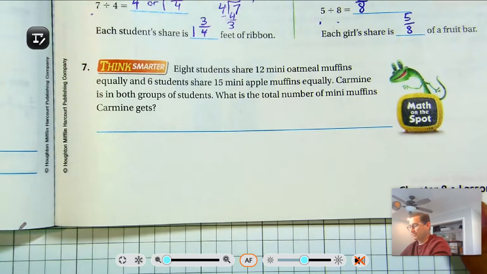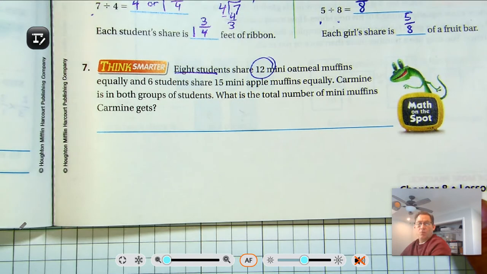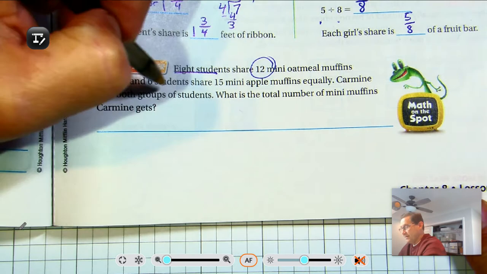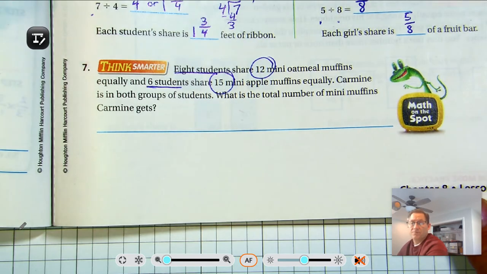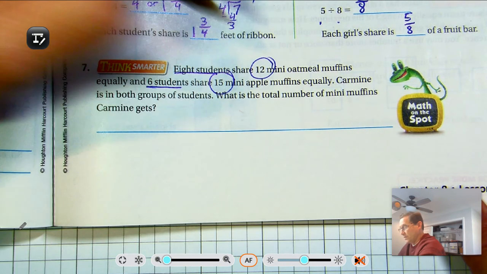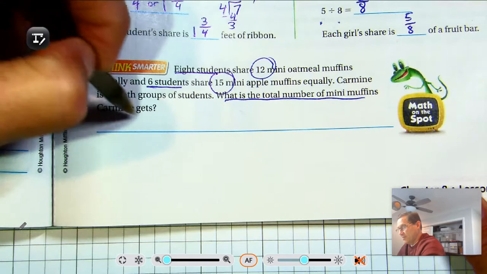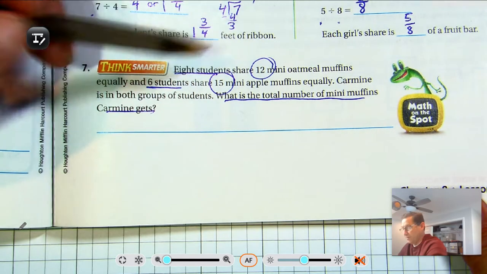Number 7, 8 students share 12 mini oatmeal muffins equally. 6 students share 15 mini apple muffins equally. Carmine is in both groups of students. What is the total number of mini muffins Carmine gets? Well, okay, so let's look at the mini oatmeal.